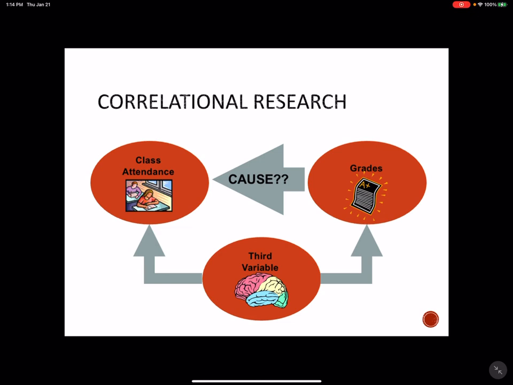So that's called a third variable. Correlational research tells us that they're related, but it doesn't tell us which direction they're related, which causes which, and it doesn't tell us if there's a third variable in the equation. There are statistical ways to tease all this out, because in the real world, I probably think it's a little bit of everything. But with a correlational study alone, we cannot answer that question.